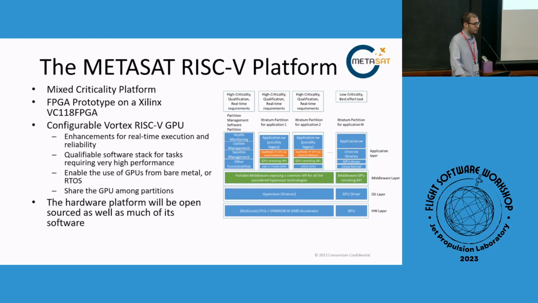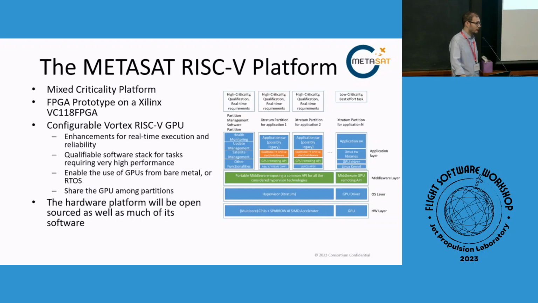That was an open source project started from Georgia Tech. We are going to enhance the GPU with features regarding the real-time execution. So currently, one of the limitations that we have in GPUs is that the execution of real-time workloads is limited. So we are going to have solutions for that.